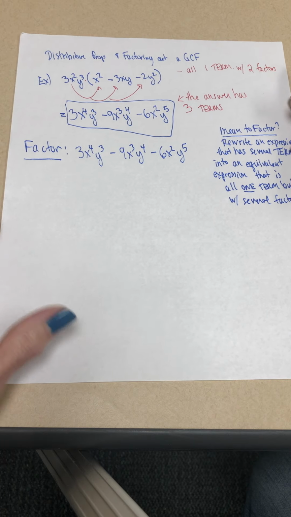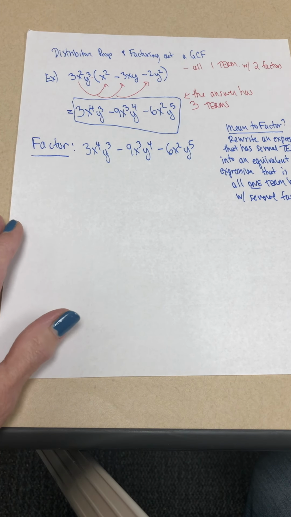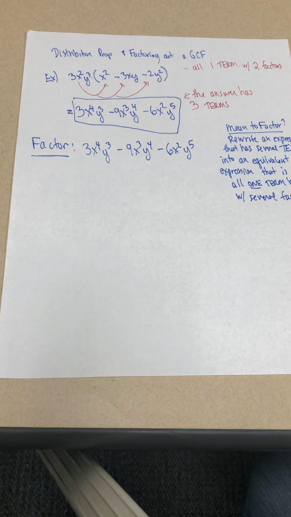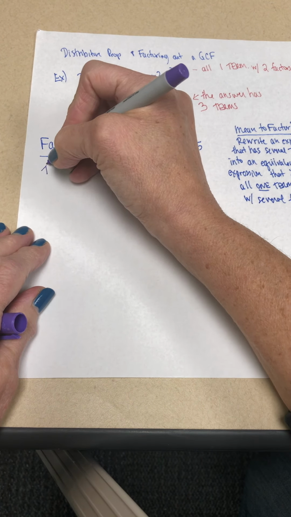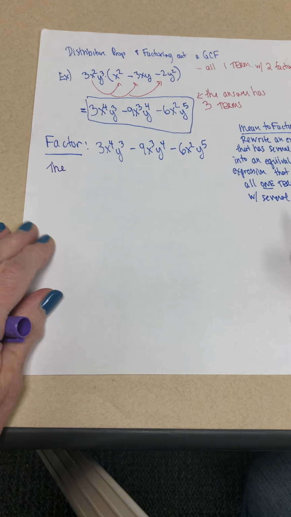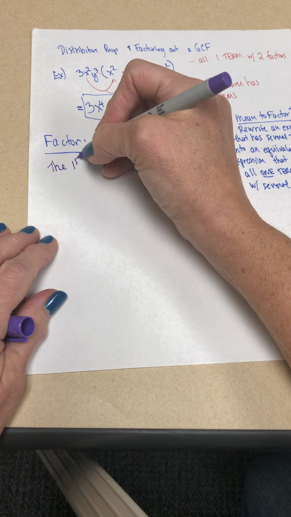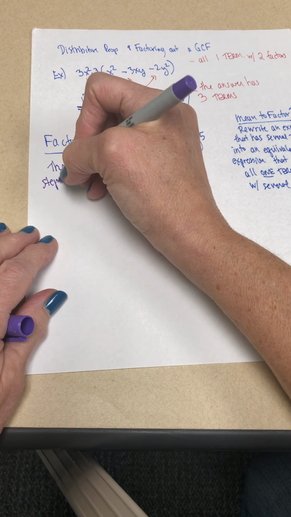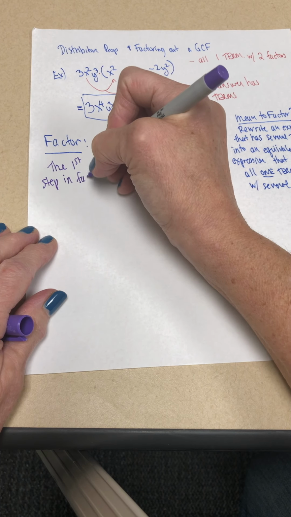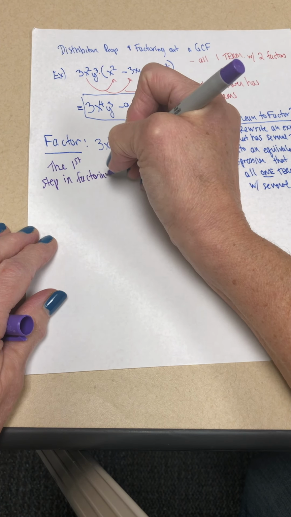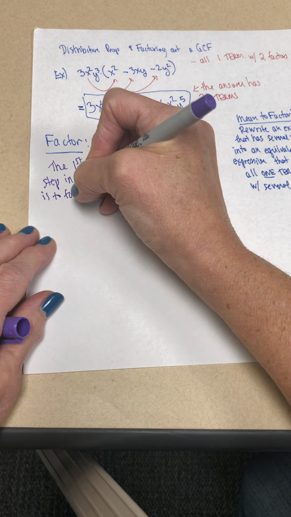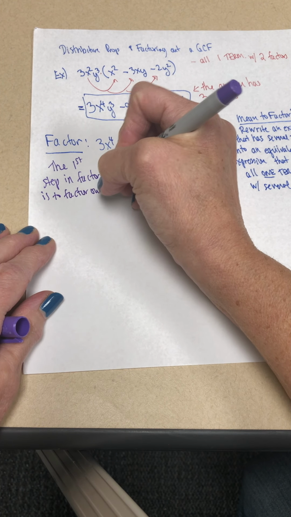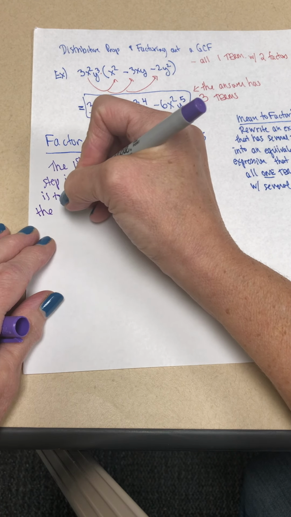So there are many, many techniques for factoring, but it doesn't matter how many new techniques you learn. Whenever you see this instruction, hey, factor this, the first step in factoring is to factor out the GCF, if there is one.